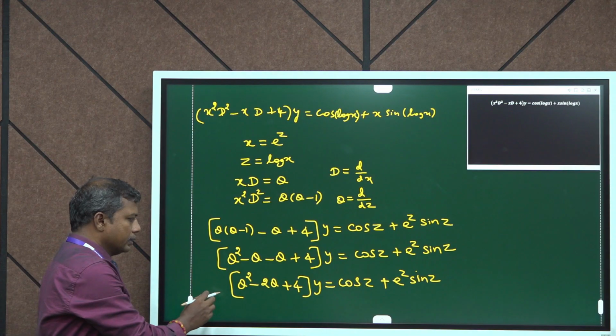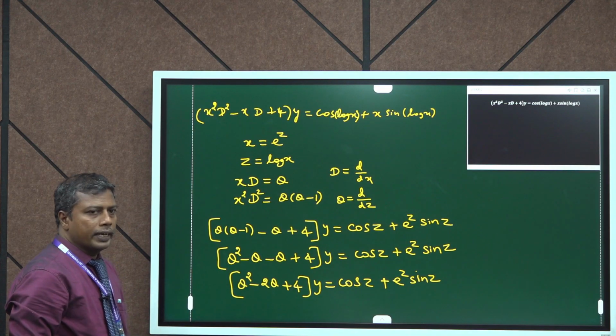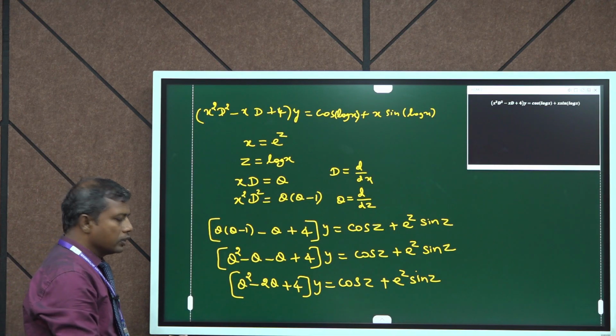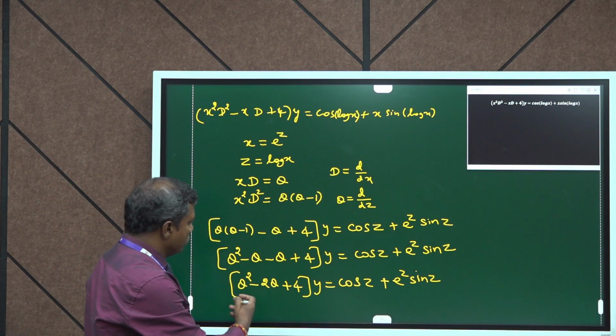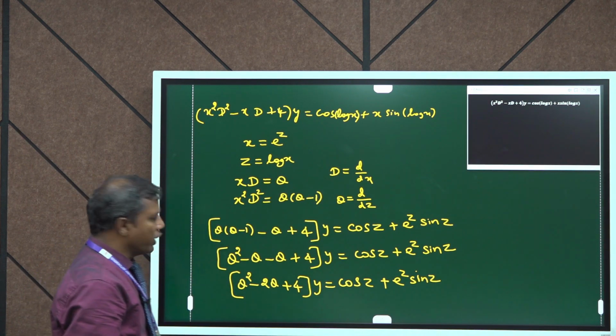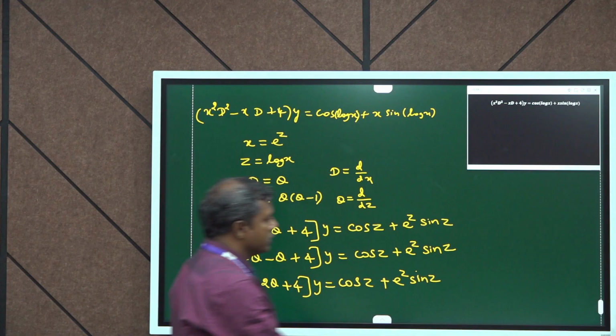Now you see this last equation is a differential equation with constant coefficients. How are we going to solve this? First we have to solve the equation by finding the auxiliary equation.